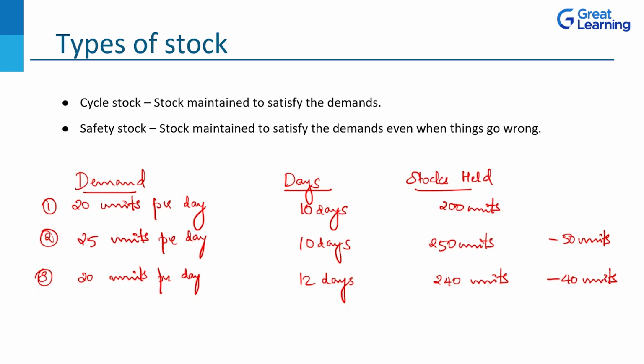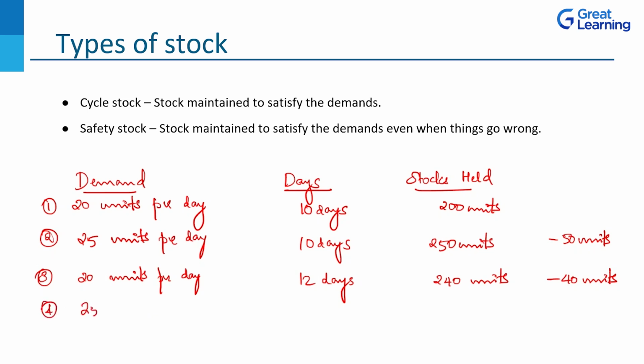There is one more case which you should consider while managing your inventory. That is when both things go wrong, where the demand is going higher and also the inventory is not being stocked at the right time. If it's supposed to come on the 10th day, it is coming on the 12th day. So what if both these things are happening at the same time? Let me consider that as well. That is the fourth case.